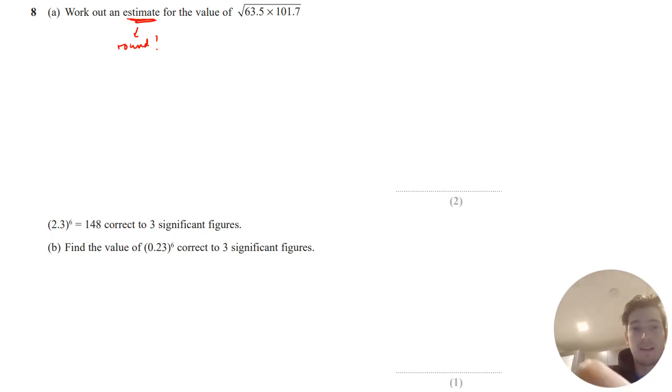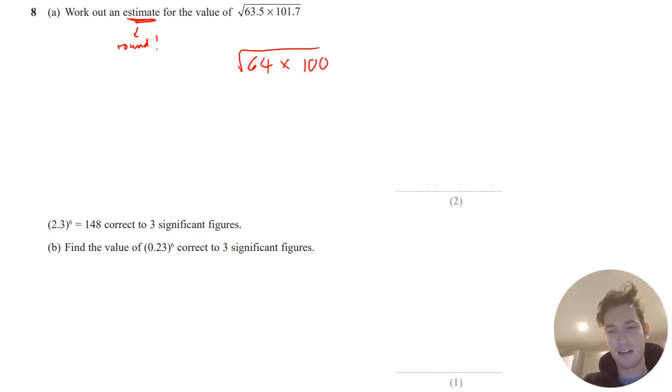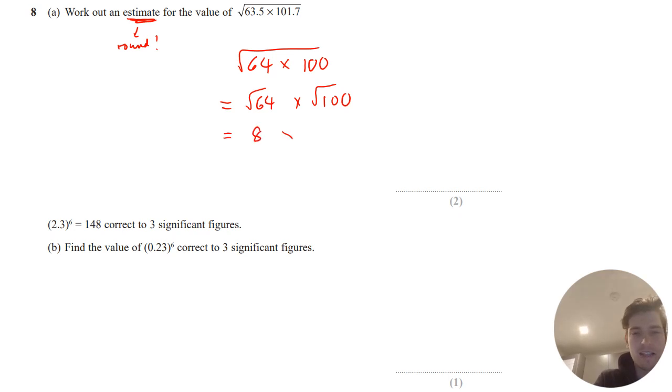Well, yeah, 63.5 rounds to 64, which is 8 squared. What about 101.7? Well, yeah, 100 is a square number because that is 10 squared. So this is the same as splitting up these square roots, and I can just write this as 8 times 10, which is obviously 80.